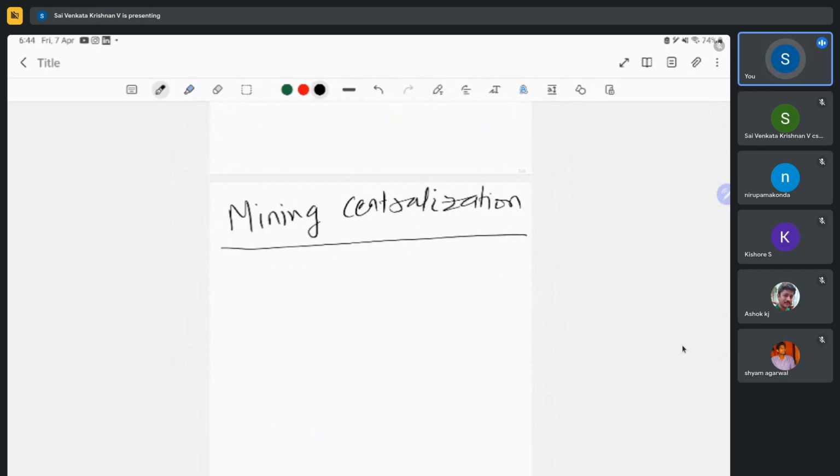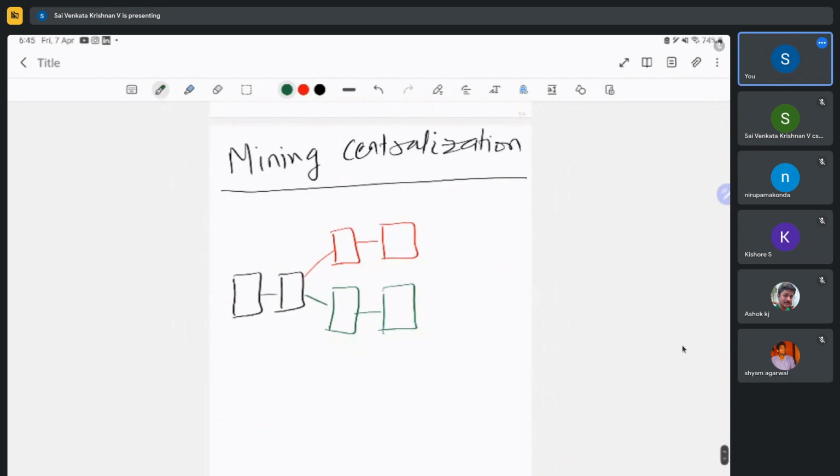And what that means is, say you have this blockchain, okay, and since your difficulty level is too low, some node would be proposing the red chain as the longest chain, whereas some node would be proposing this green blockchain as the longest chain, and there would be a competition between these two chains, the red and green chain, because some other node would be adding on top of this, whereas another node within a few seconds or so would add on top of this block.